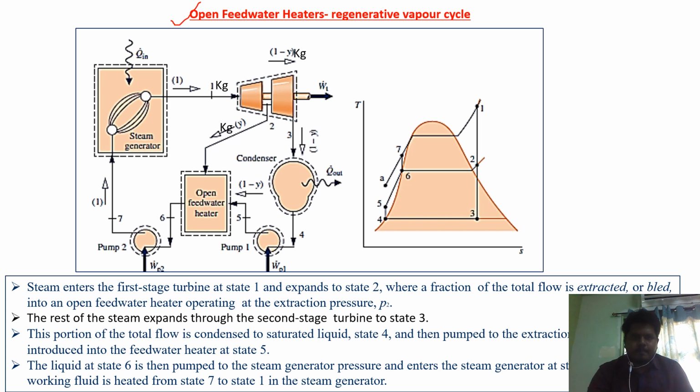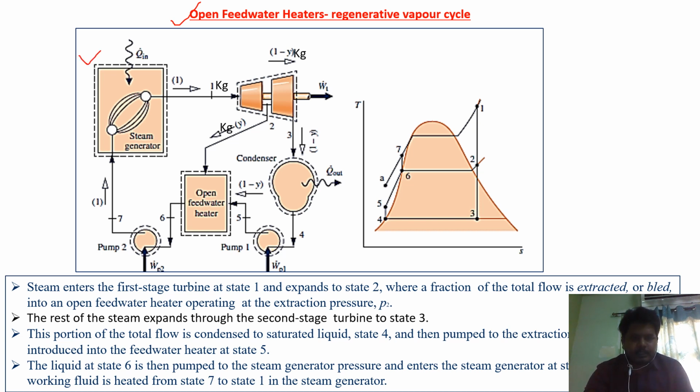Now let us see the open feed water heater regenerative vapor cycle. Generally, regenerative vapor cycles are accomplished using two types of feed water heaters. Those are the open feed water heater and the closed feed water heater. In the present slide, let us discuss the open feed water heater regenerative vapor cycle.